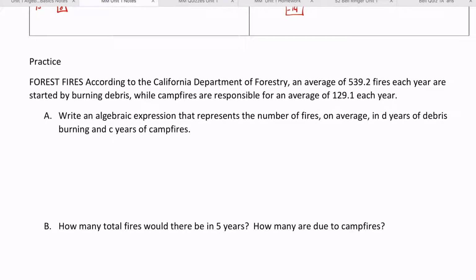Okay, write an algebraic expression. So when we do this, basically we're going to take this information and put it in. It says write an algebraic expression that represents the number of fires on average in that number of years for debris and C years for campfires.